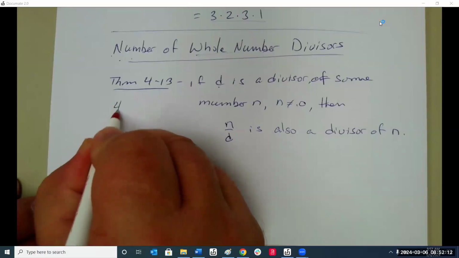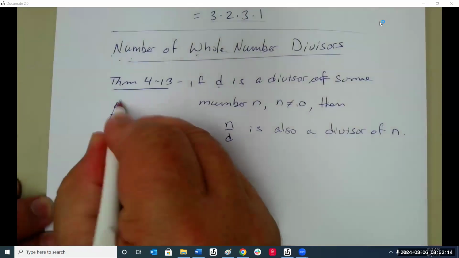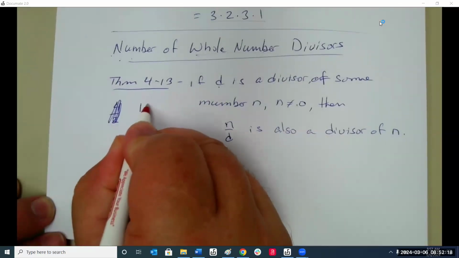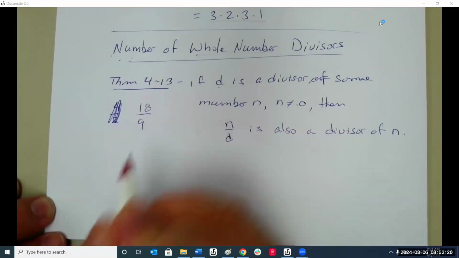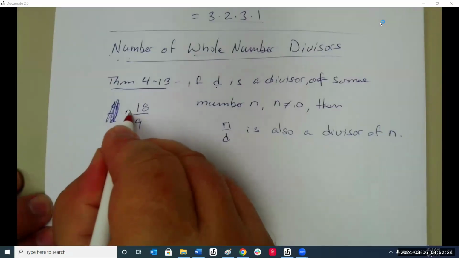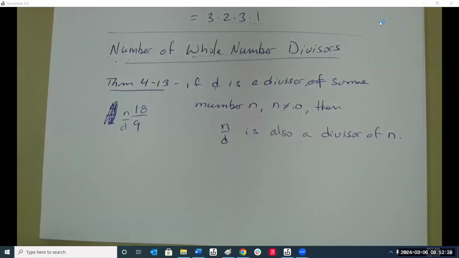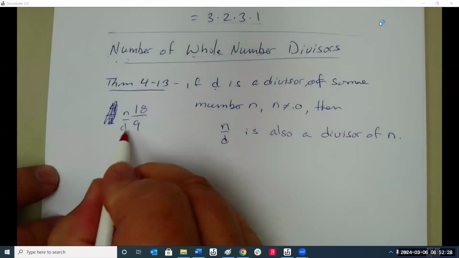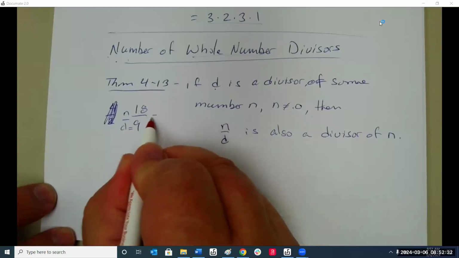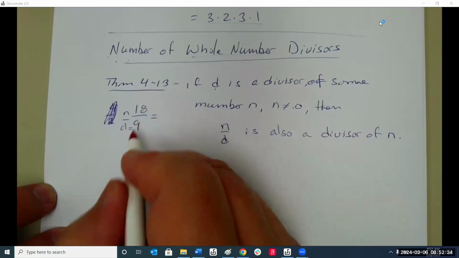Maybe 4/2, but that's a bad one because 4 is made up of repetitives. Let's look at 18 divided by 9. This is N and this is D. So we know that 9 is a divisor of 18. Why? What is 18 divided by 9?